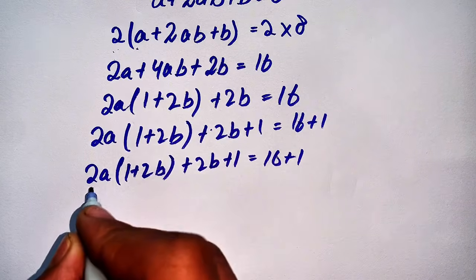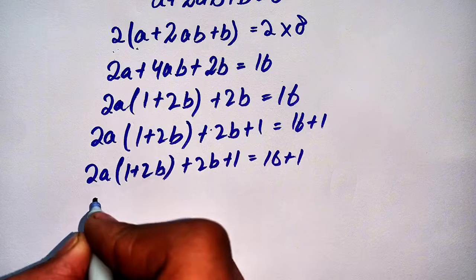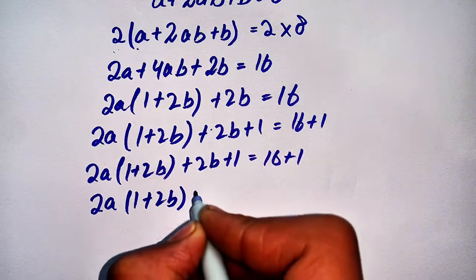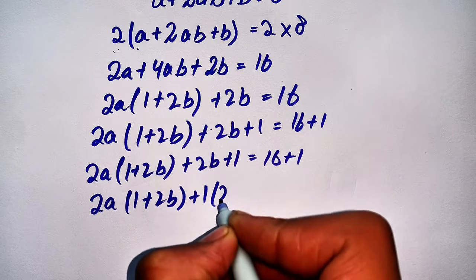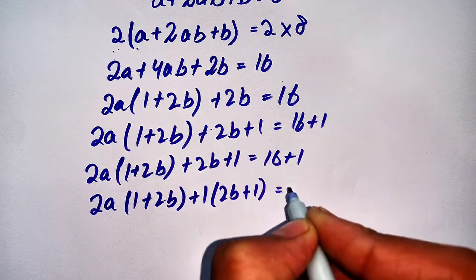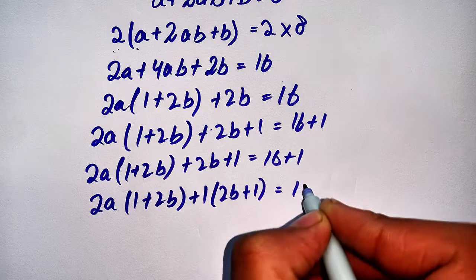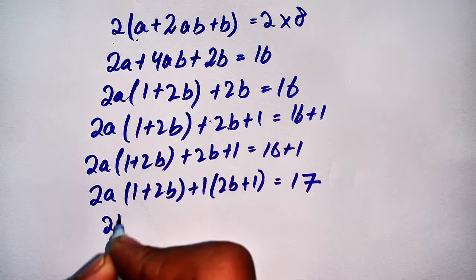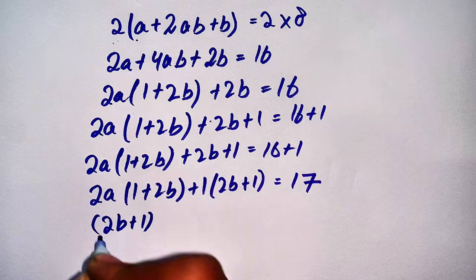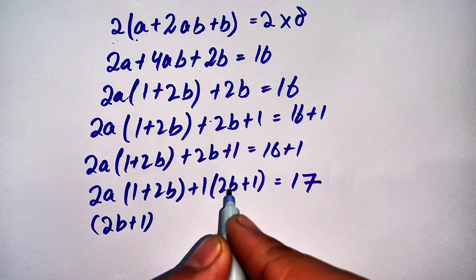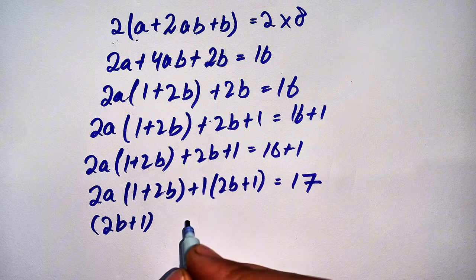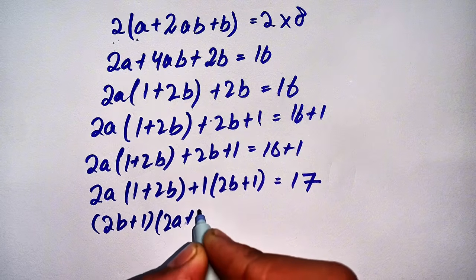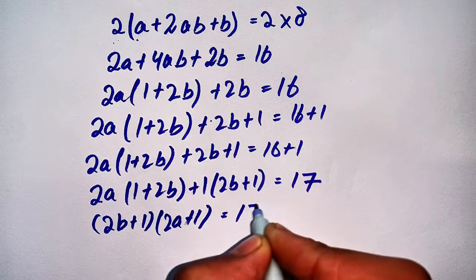In the next step, 2a into 1 plus 2b plus 1 into 2b plus 1 is equal to 16 plus 1, which is 17. Next step, 2b plus 1 into 2a plus 1 is equal to 17.